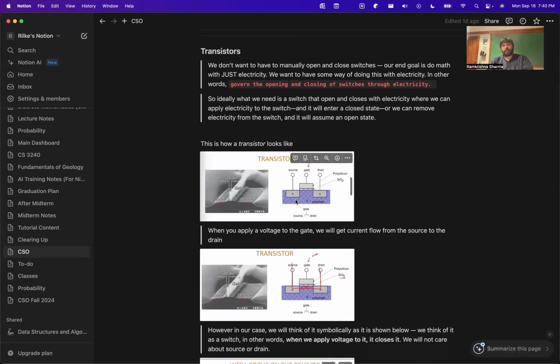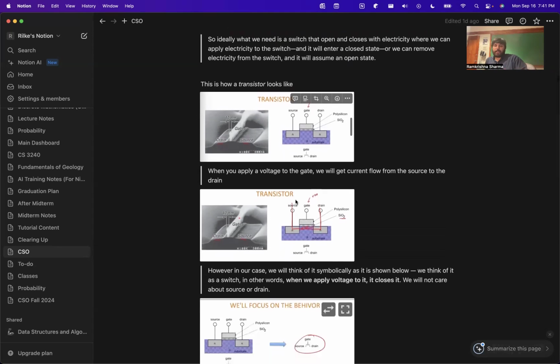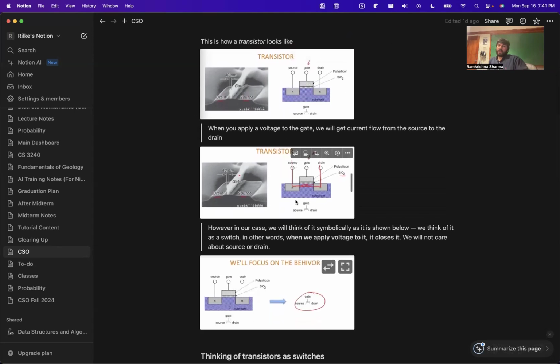There's this idea of transistors, where electricity can flow from a source, be stopped at a particular gate, and then go to a particular component called the drain. The idea is not to get too bogged down in this.